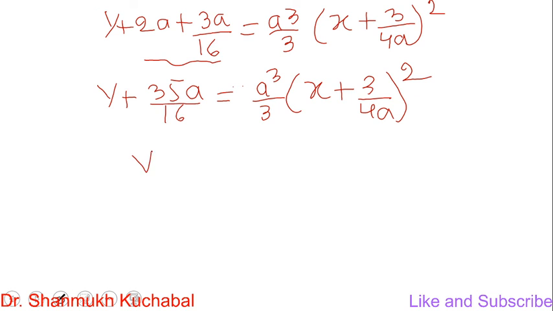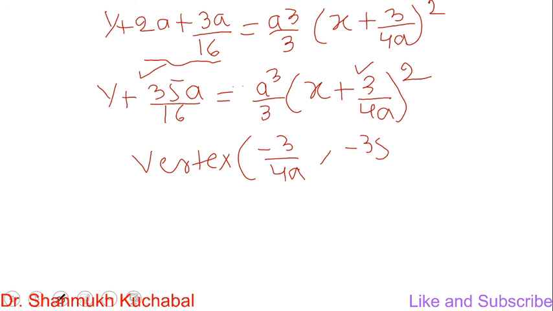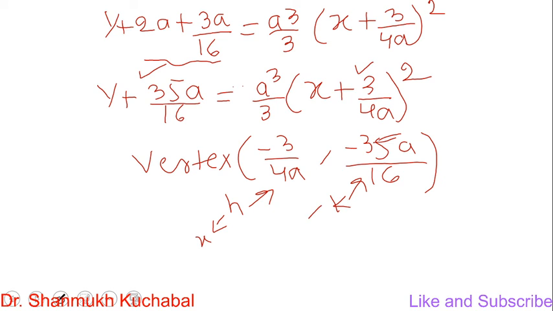Our vertex x coordinate is minus 3 divided by 4a, and the y coordinate is this one with the opposite sign, minus 35a divided by 16. So this is h, this is k, and these are nothing but x and y here.